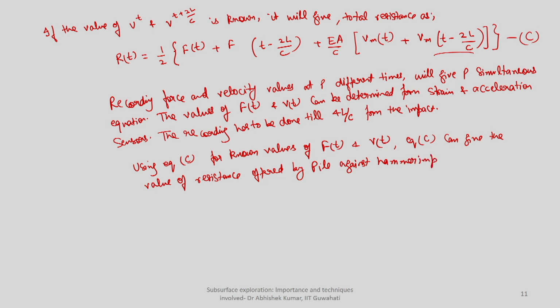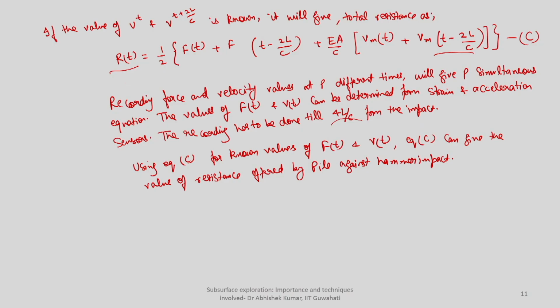So, this way, based on the response of the pile, or more precisely the resistance offered by the soil layer available at different depths, collecting the resistance or the signature against the shock wave, you will be able to determine the value of R t at that particular depth, or collectively the value of R summing over 4L by C duration.